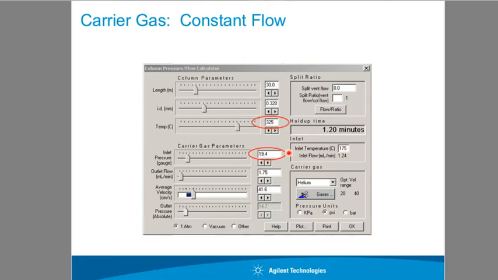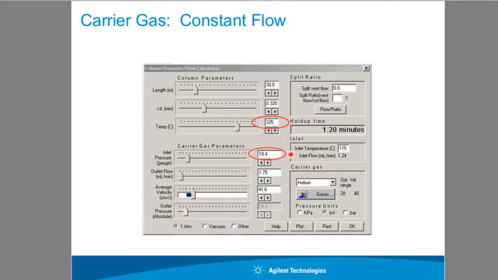So they'll find that at 50 degrees everything's fine and their inlet's happy, but as they get up to 250, 300 degrees, their inlet starts to beep at them, and they get a front inlet shutdown. That may not be due to a leak, but due to the pressure your carrier gas is trying to reach at the inlet. You don't have enough supply pressure coming to the GC to actually reach that. So that's one thing to be mindful of.